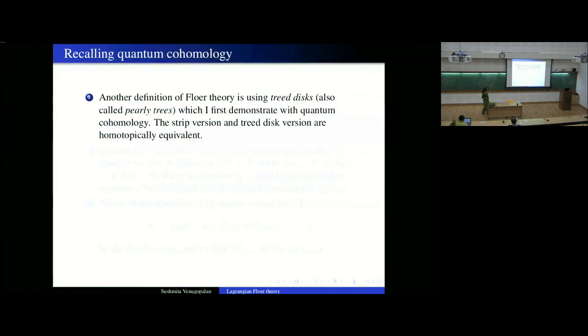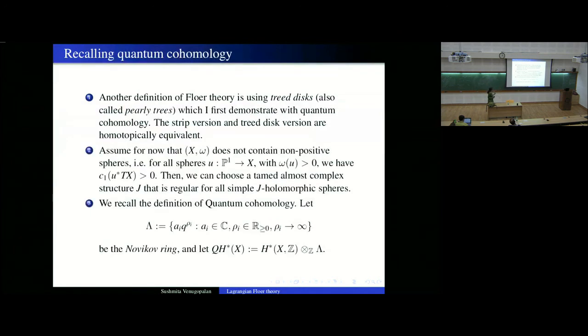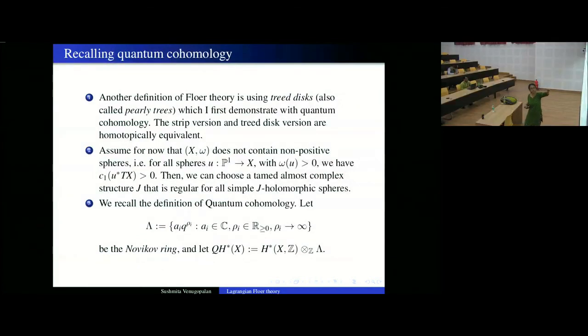So I first use these kinds of domains to revisit quantum cohomology. In quantum cohomology, it won't be tree disks, it would be tree spheres. For now, let's assume that we don't have trouble from sphere bubbling. So I assume that we do not have any non-constant spheres with zero or negative Chern class.